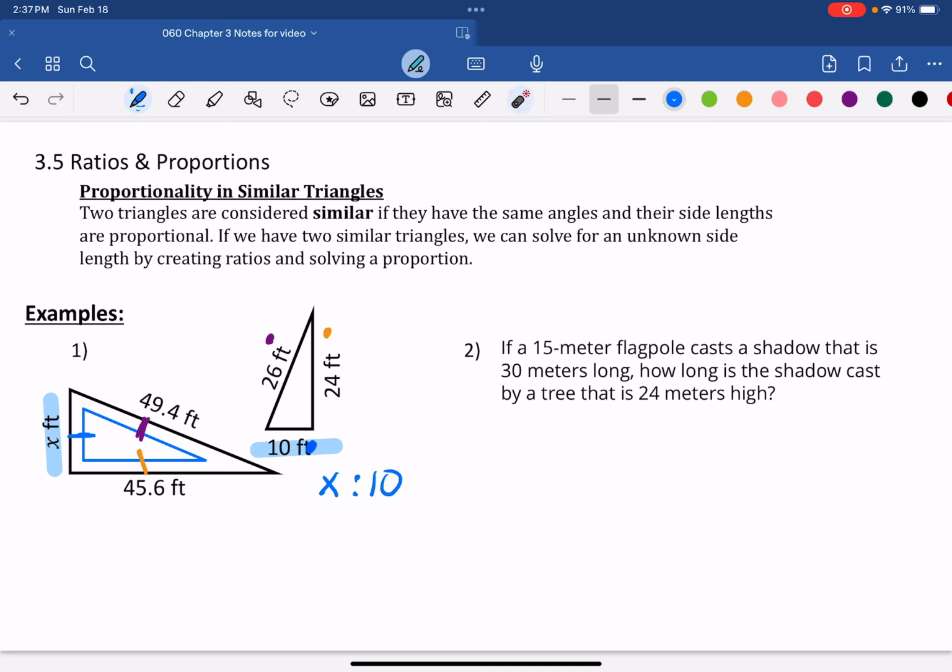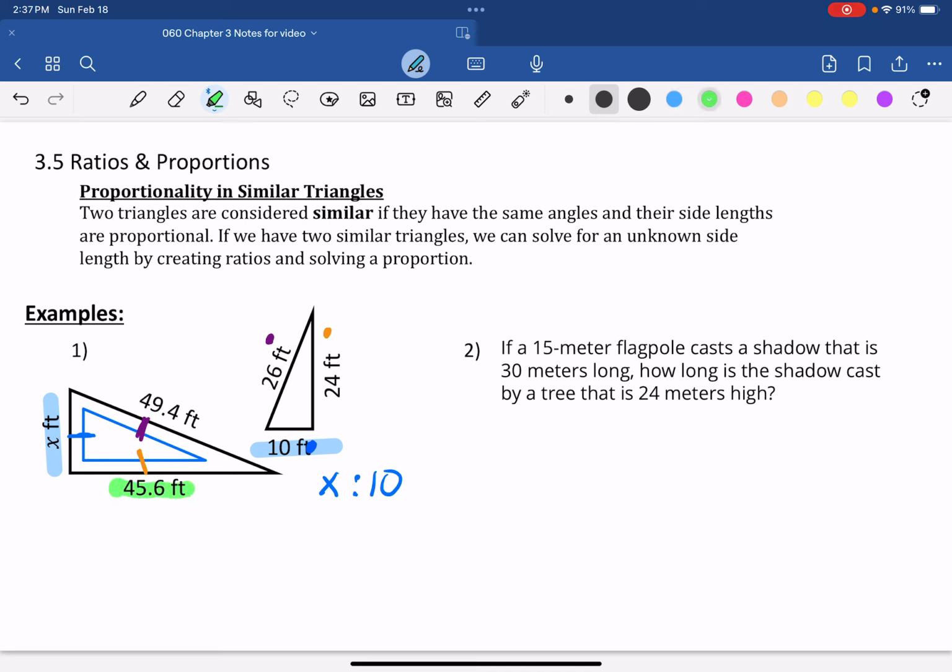Now, our second ratio can be any of the sides. It doesn't matter whether it's this side or this side or this side. It doesn't matter. I tend to choose the side the triangle sits on if possible, just because for me, finding the side the triangle sits on and its matching side of this other triangle, visually, I can see it a little bit better, but it's up to you which side you want to find.